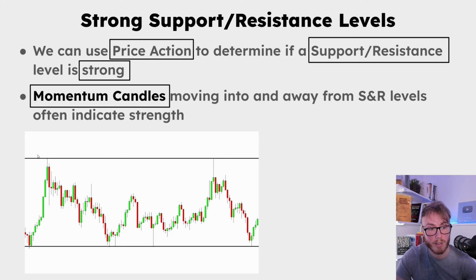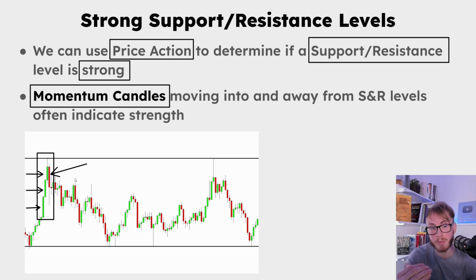As you can see in this example, if you take a look at this move right here, we clearly have 1, 2, and 3 momentum candles coming in to the resistance level. And we also saw a very strong bearish momentum candle moving away from the resistance.